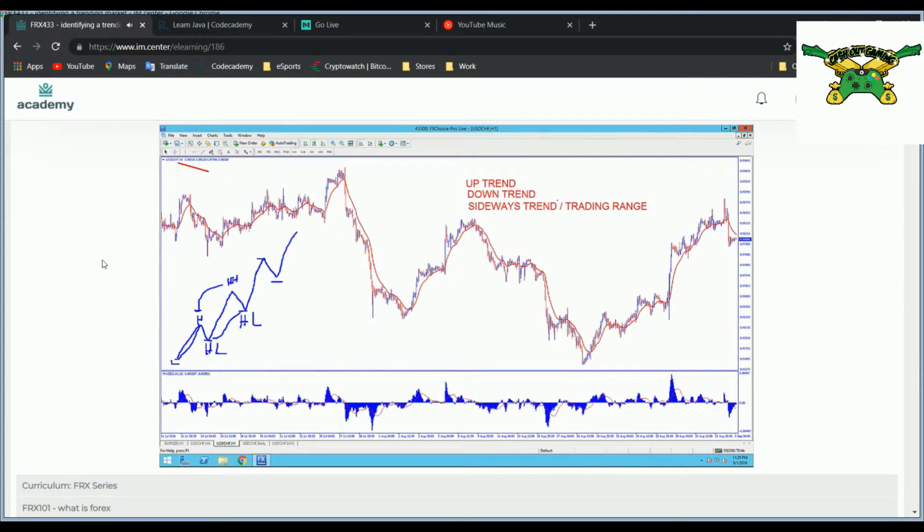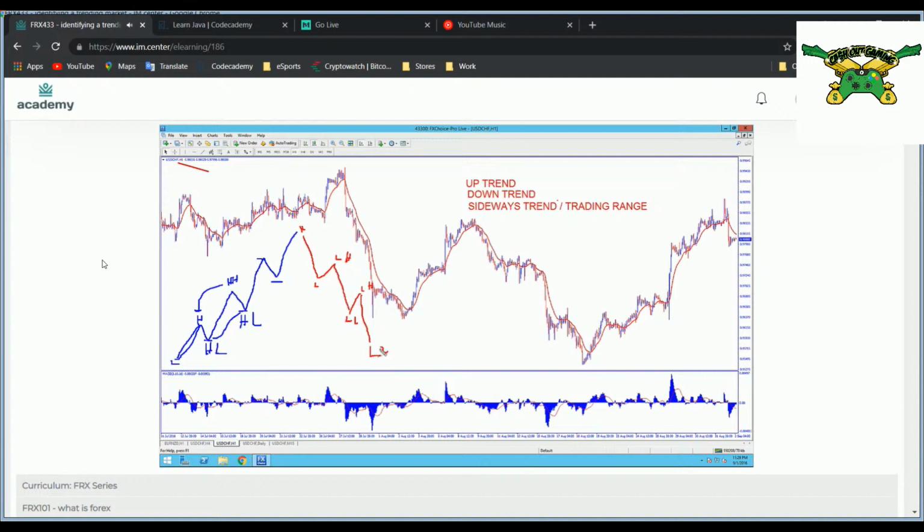A trend down, and we'll change the colors of our little marker here, is lower highs. So you have a high, you have a low, you have a lower high. And then it continues down to a lower low, lower high, and lower low.